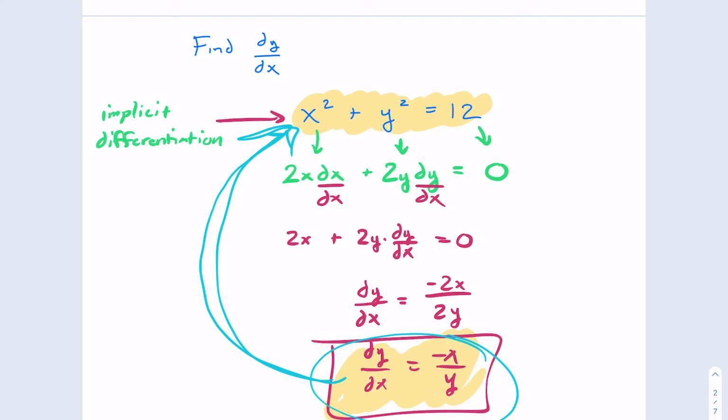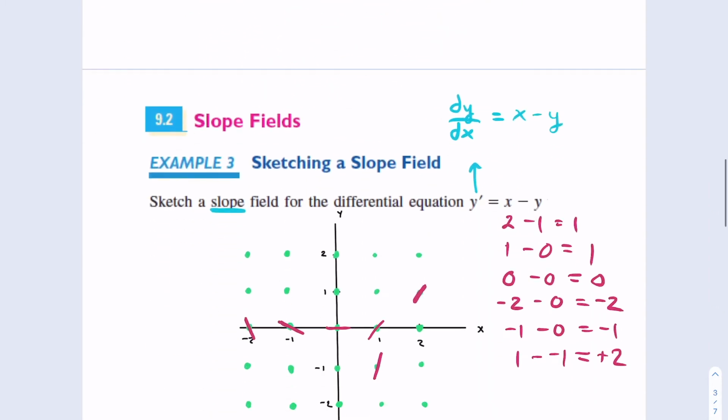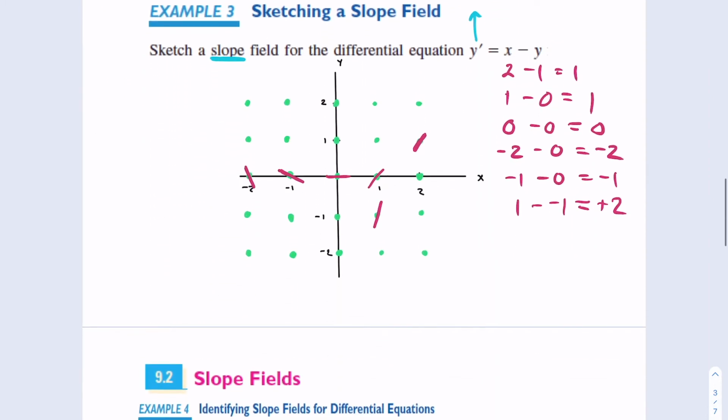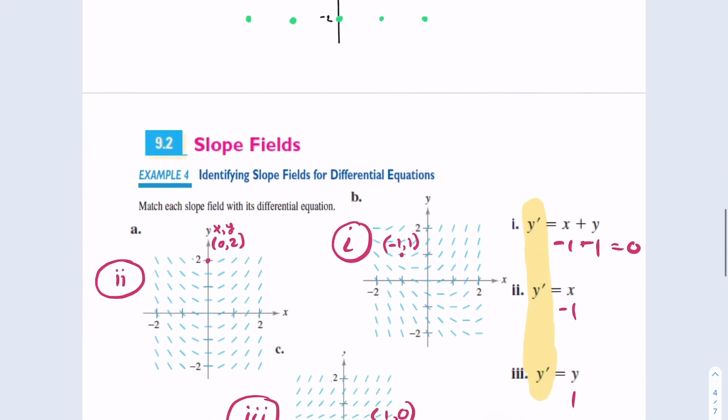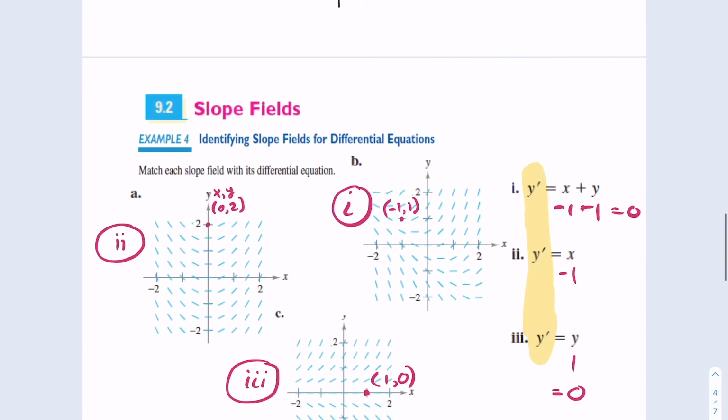And then you learned that we're really just learning the reverse process. So how do we go from the differential equation back to the original equation? Slope fields was a graphical way of figuring out what the graph looks like based on the slopes, or the field of slopes.